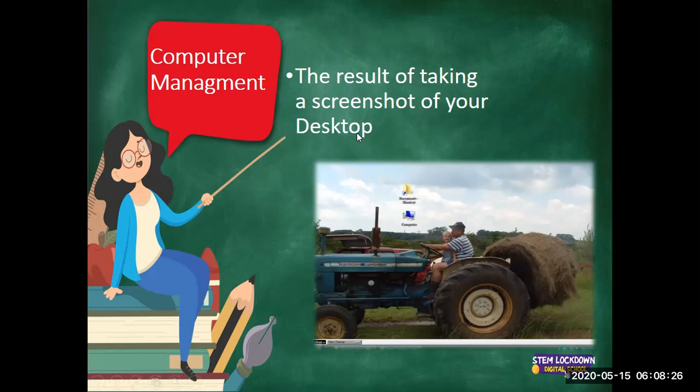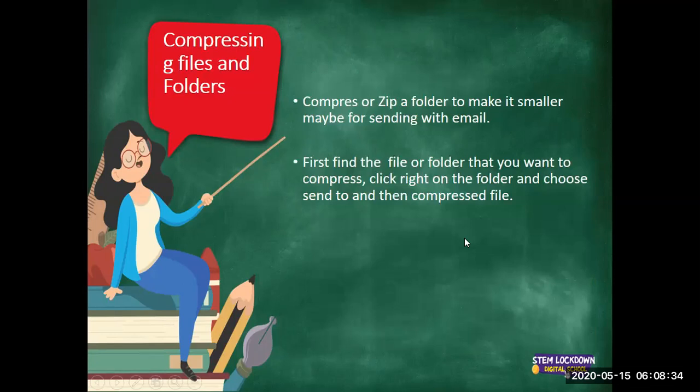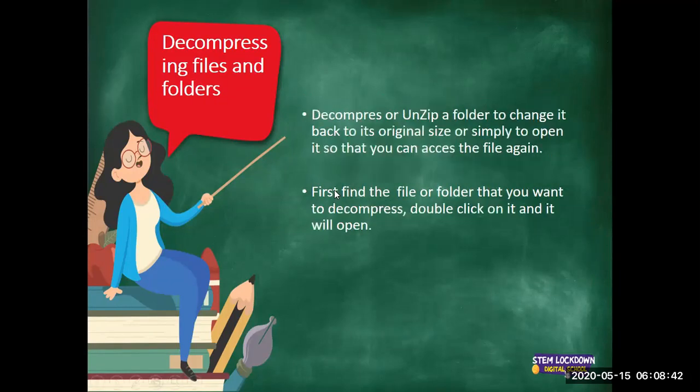You'll get these results when you paste on Microsoft Word, because that's what was on your desktop. So now I believe we're done with the shortcuts and the screenshots. Then let's talk about decompressing files and folders.